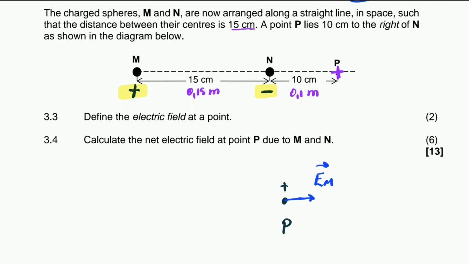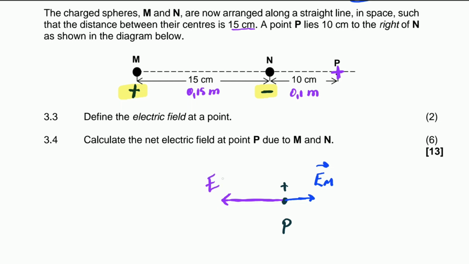And then N is going to be pulling towards itself because it is negative. So the electric field at point P due to N is going to be to the left, and it's going to be bigger in length. I'm not drawing it accurately, but it's going to be bigger in length because the distance has an influence here.